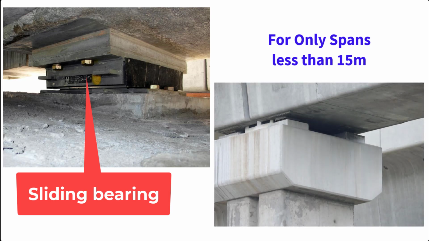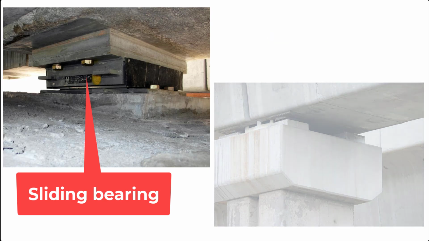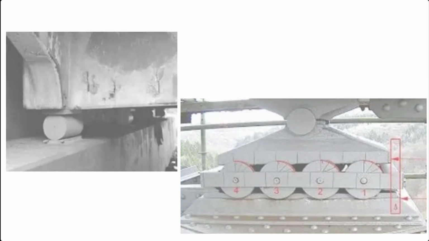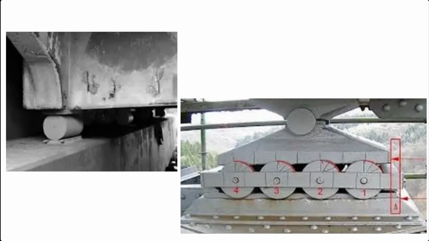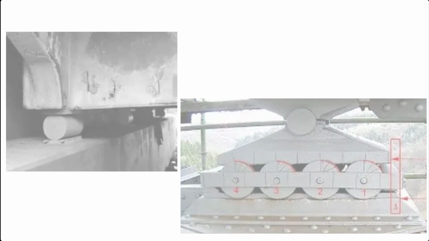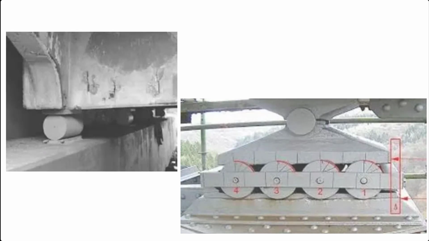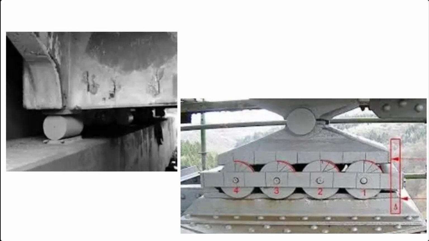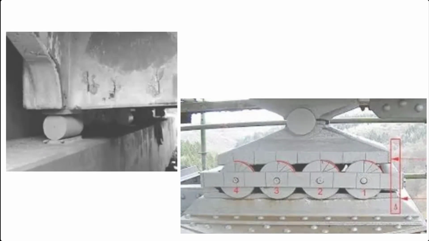However, the span restriction for sliding bearing utilization can be disregarded when it is used in combination with other bearing types. We have the other type called rocker and roller bearings. There are many types of bearings in the construction industry of bridges. Others include pot bearings and disc bearings.